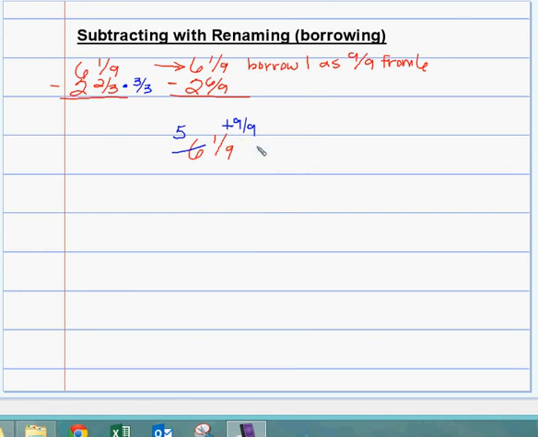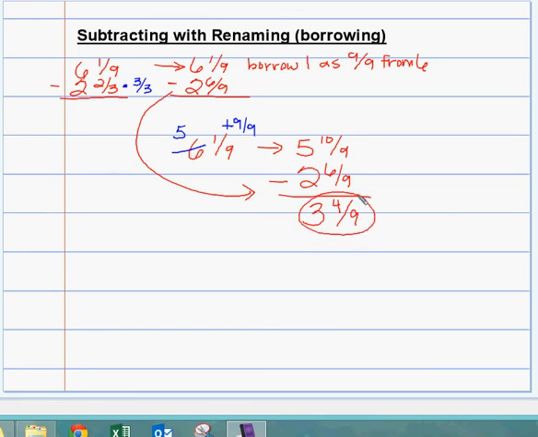So that becomes 5. And 9 plus 1 is 10 with a denominator of 9. Now I can continue my problem. Minus 2 and 6/9. 10 minus 6, 4. 9, 9. 9 stays the same. 5 minus 2, 3. Look at this. Do 4 and 9 have any common factors other than 1? No, they don't. Done.